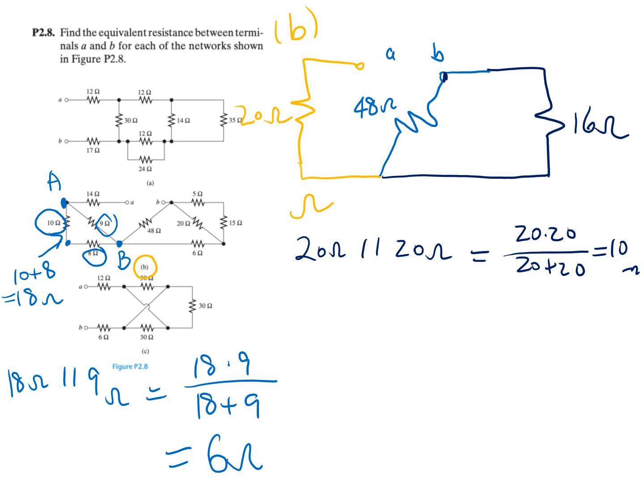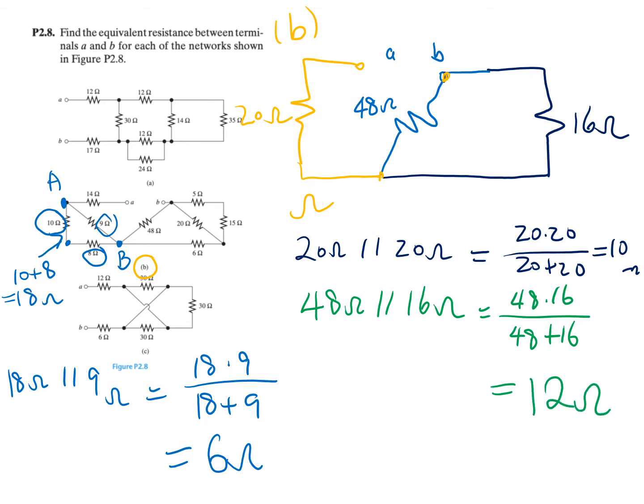And you see this 48 ohm and the 16 ohm also share their two nodes. So we can combine the 48 ohm resistor with the 16 ohm resistor. That's 48 times 16 over 48 plus 16. This is going to be equal to 12 ohm. So you can replace this as a 12 ohm resistor.